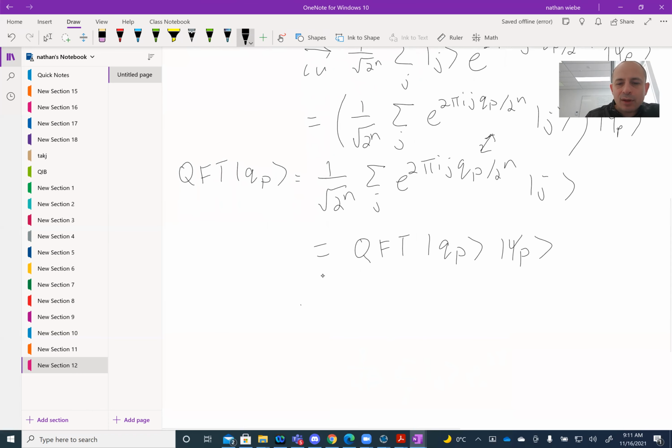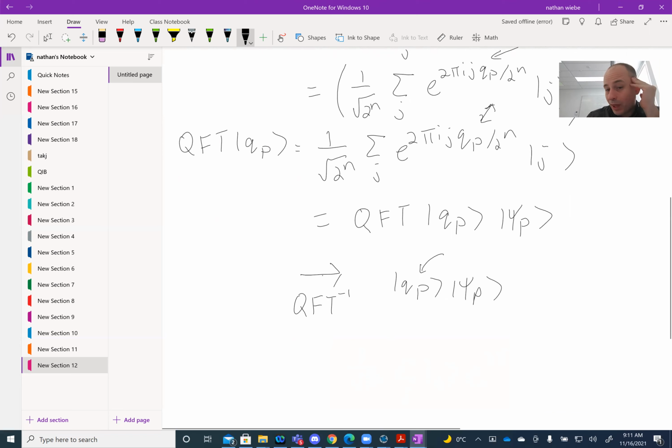Okay, and now the last step of the algorithm involves applying the inverse quantum Fourier transform, which will kill the quantum Fourier transform and will just give us q sub p, psi p. So even without measuring, what phase estimation will end up doing is getting this integer q sub p, which specifies uniquely this phase.